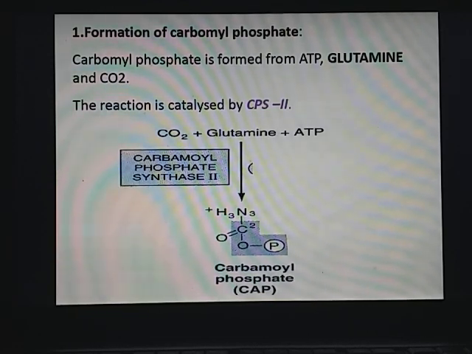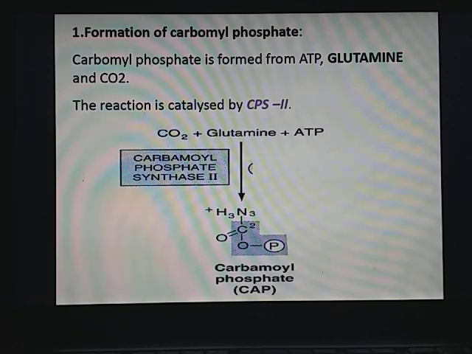The difference between these two enzymes is that carbamyl phosphate synthase 1 is a mitochondrial enzyme which is used in urea synthesis, but carbamyl phosphate synthase 2 is a cytosolic enzyme which is used in pyrimidine biosynthesis. Carbamyl phosphate synthase 1 requires N-acetyl glutamate as an allosteric activator, but carbamyl phosphate synthetase 2 doesn't.